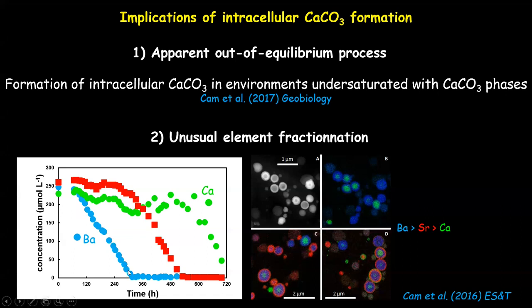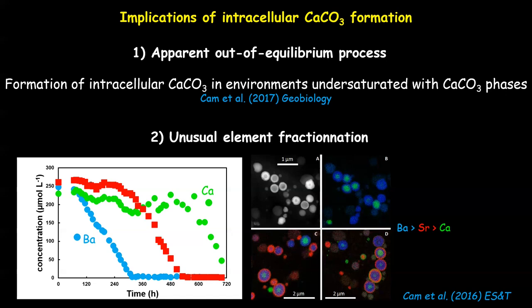And once they have taken up all the barium, you see, in red, the strontium sequestration starts, and when there's no strontium left in the solution, then the calcium starts. We could observe by electron microscopy that we have layered carbonate inclusions, with layers of barium carbonate, then strontium carbonate, then calcium carbonate.